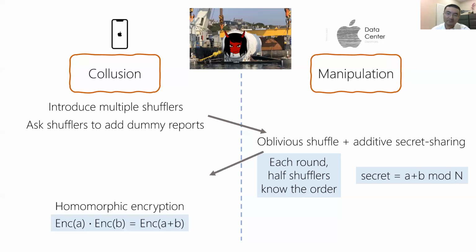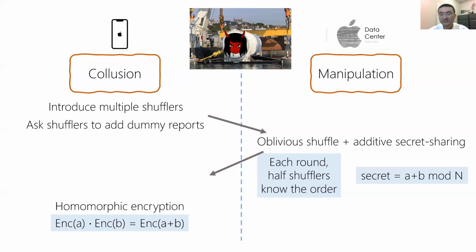To design a secure protocol is typically not easy, and there will be different issues. And in many cases, if we patch one issue, another issue will appear. So in this case, we found that if we introduce multiple shufflers, they themselves can collude.